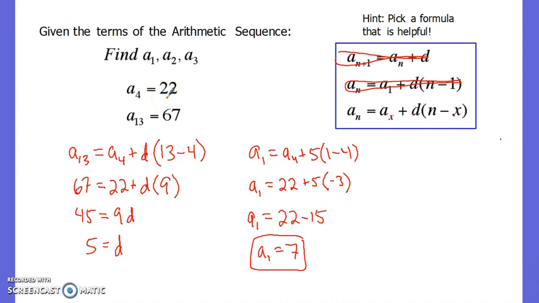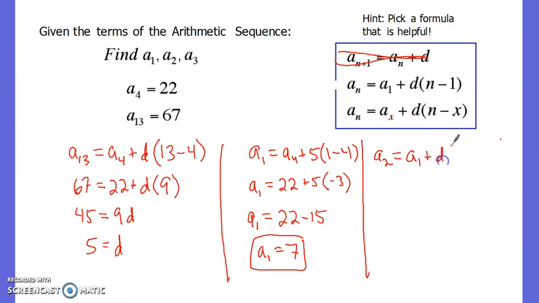Now, we could repeat that process for a sub 2 and a sub 3 if we want to. Or, now that I know a sub 1, again, I could go back to my formula that was up here, right? Because now I know that to get a sub 2, I really just need to take a sub 1 and add the common difference 2 minus 1, or 1 time. I need to move 1 step.